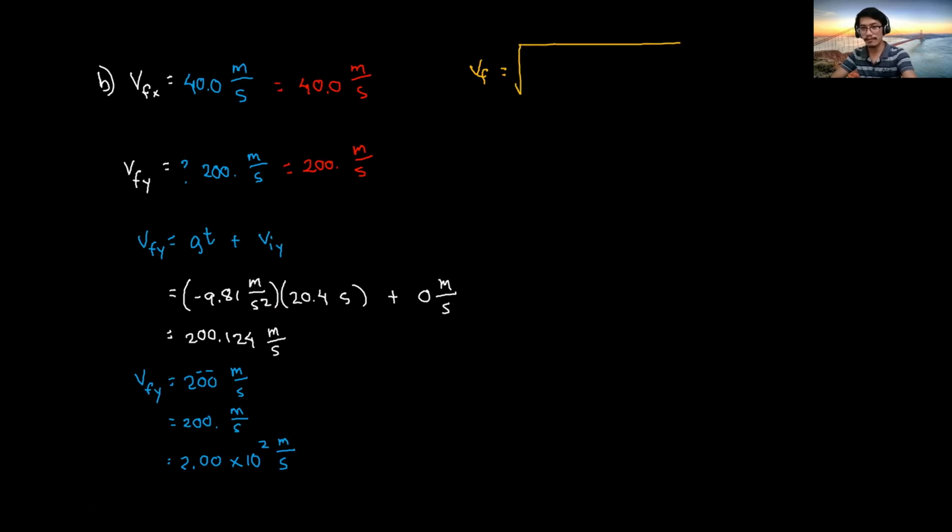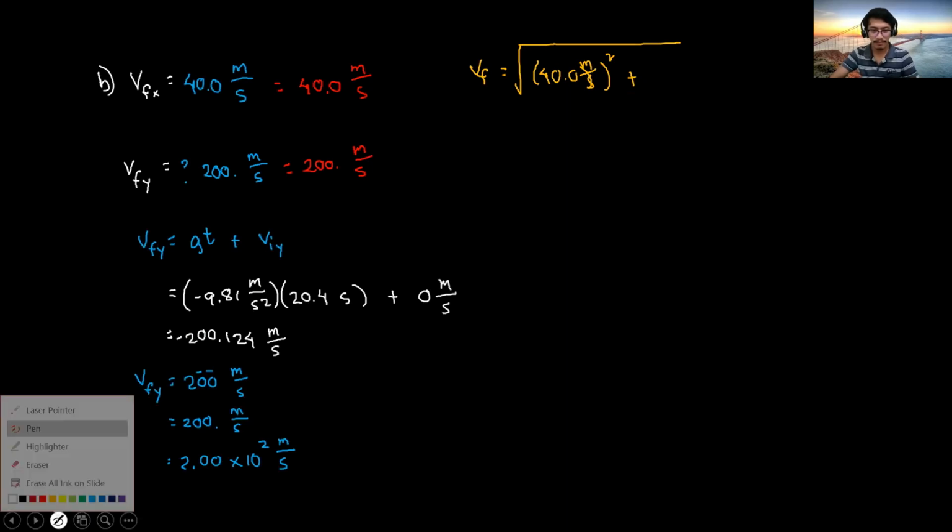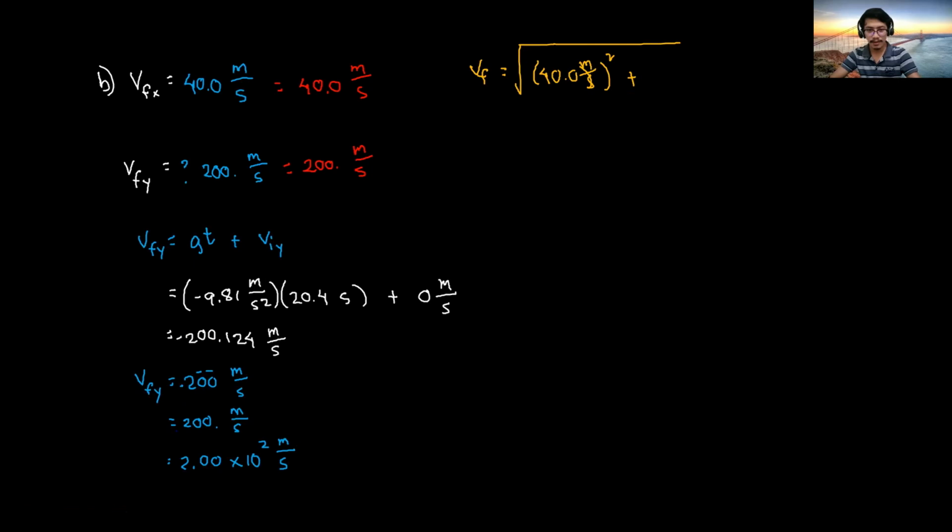So VF is equal to the square root of 40.0 meters per second squared plus negative, this should be negative, I forget the sign, 200 meters per second squared, equals 204 meters per second. That is if the final velocity is being asked for. But the problem is not asking for it.